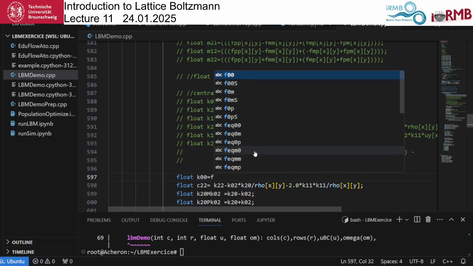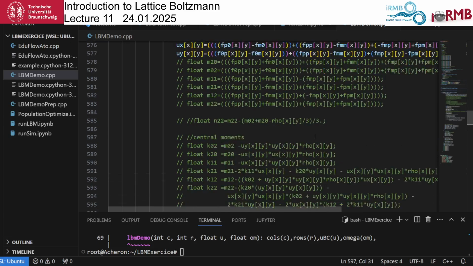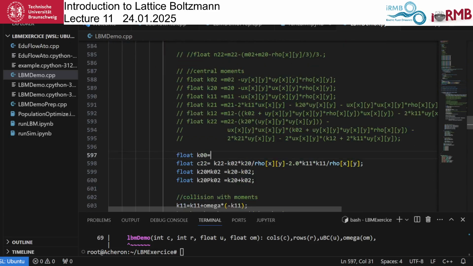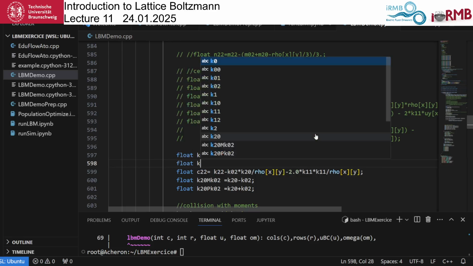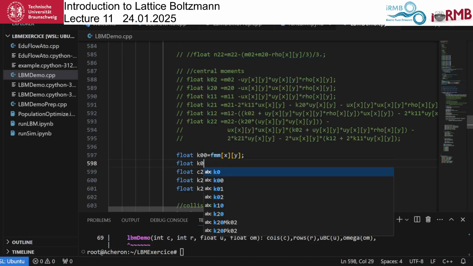But how should we do it otherwise? So let's see, how is this called? This is f. This would be f -1 -1 of x and y, right? And y. So then float K01.